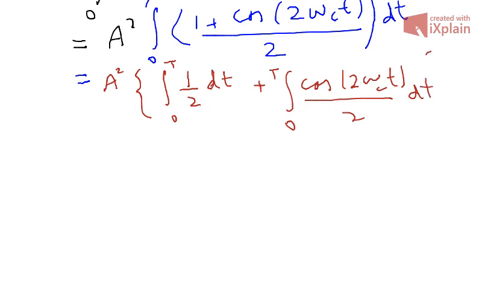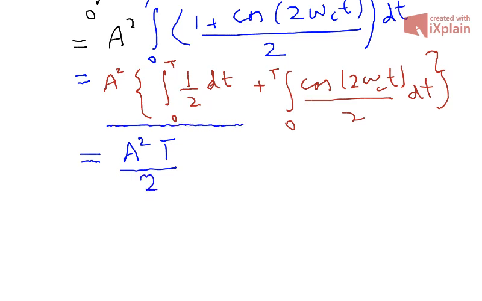If you find out this one from here, it is very easy to evaluate. You will find A squared T over 2 is the result of this one, and this other integral is the sinusoid over a period, so it would give you 0.